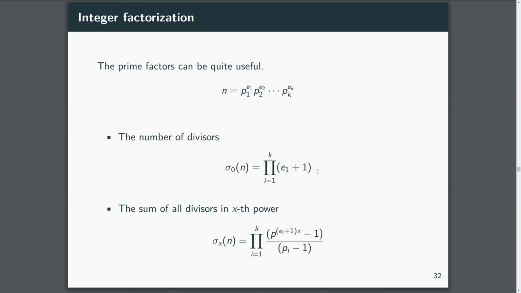And then you have ei plus 1 choices for each prime. And if you multiply those together, that's all the options you have. So that's all the numbers that could divide n. And you can see that if you plug in 0 for x here, then you get the same thing here.